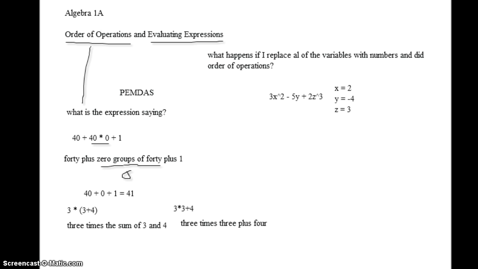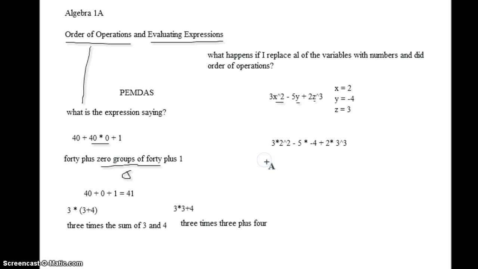So we just replace the x with a 2, the y with a negative 4, and the z with a 3. Then you get this expression: 3 times 2 squared minus 5 times negative 4 plus 2 times 3 cubed.